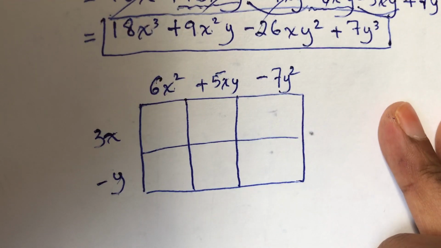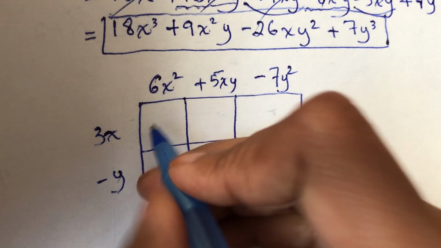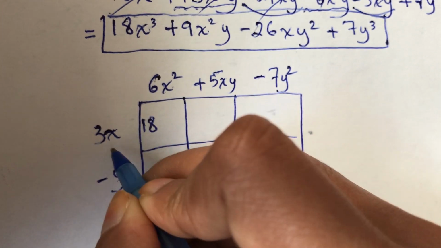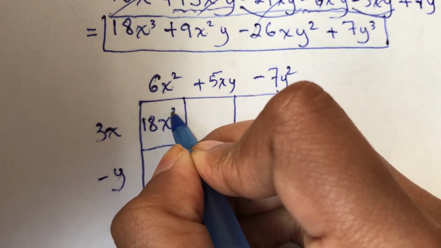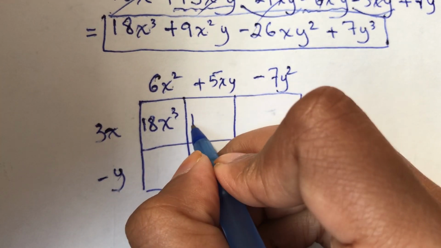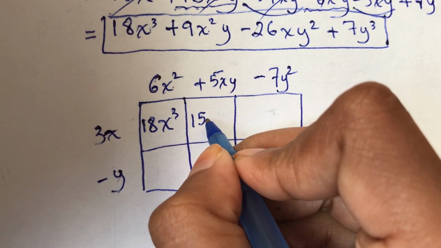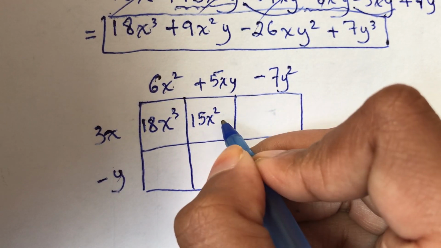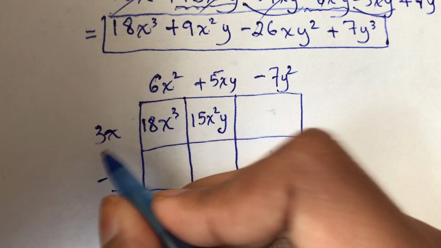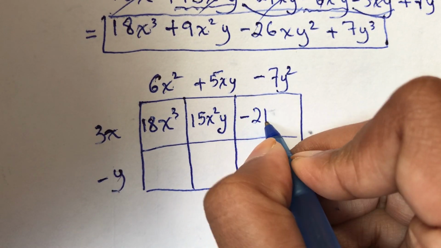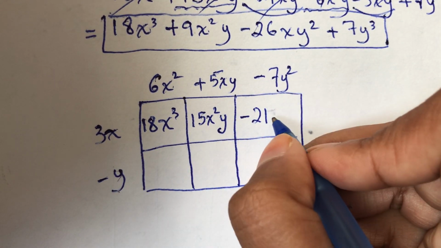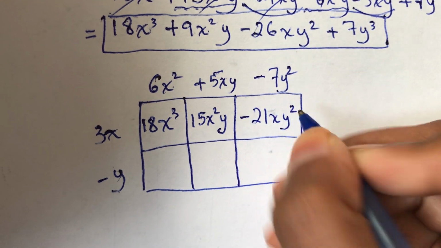And let's go ahead and multiply this. 3 times 6 is 18. x times x squared is x cubed. 3 times 5 is 15. x times x is x squared, and y. Okay. 3 times negative 7 is negative 21. x times y squared is xy squared.